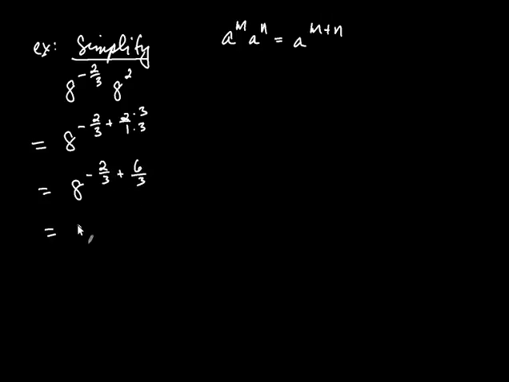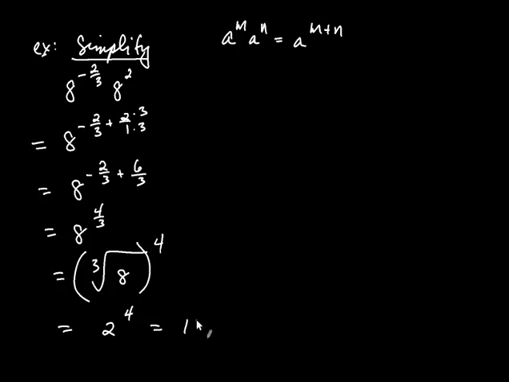So I'm looking at 8 to the, well, adding these fractions together, I get 4/3. And that can actually now be written as the cube root of 8, right? And then raised to the 4th power. Remember that 3 becomes an index. And the cube root of 8 is 2. And then I raise that to the 4th still, and I get, as my final answer, 16.